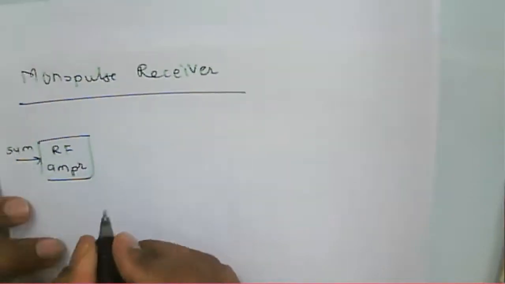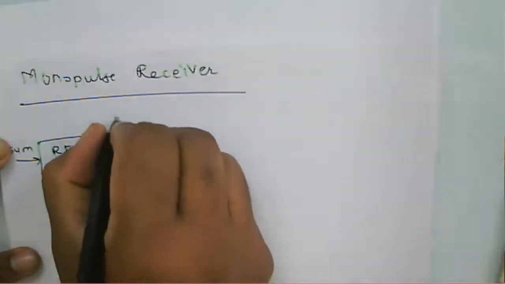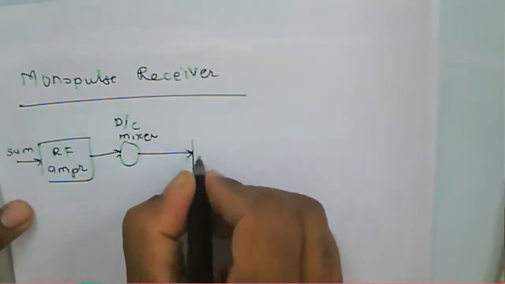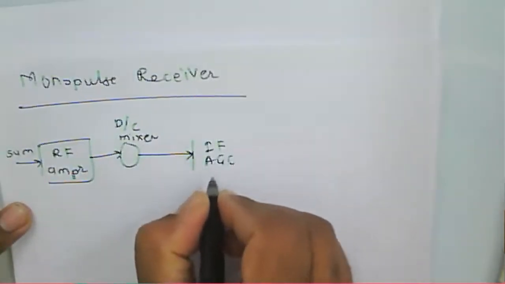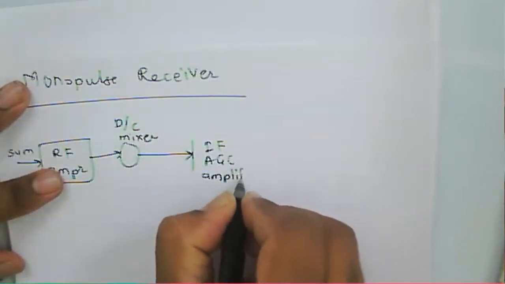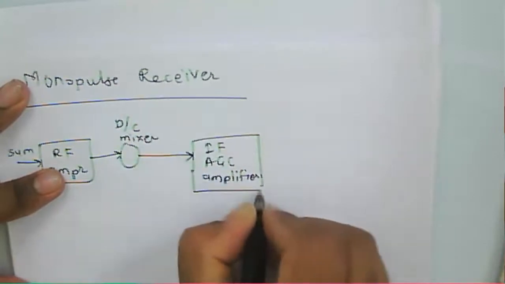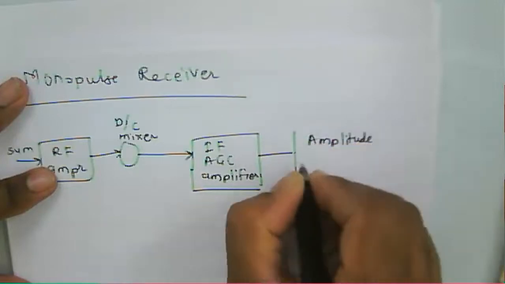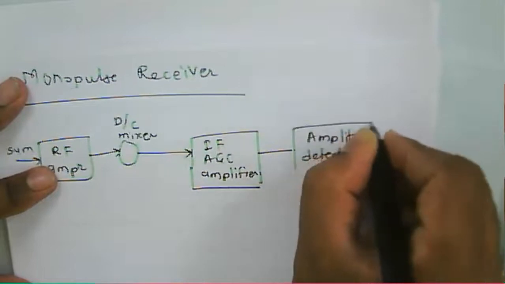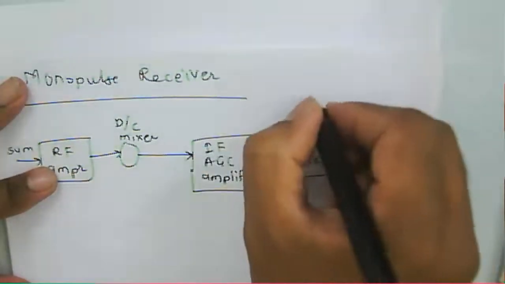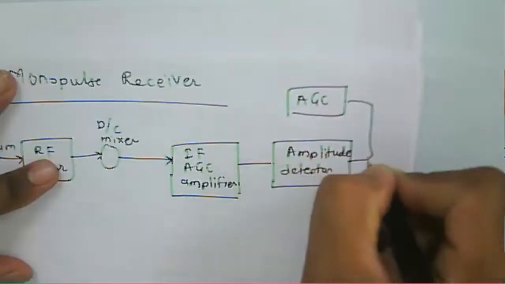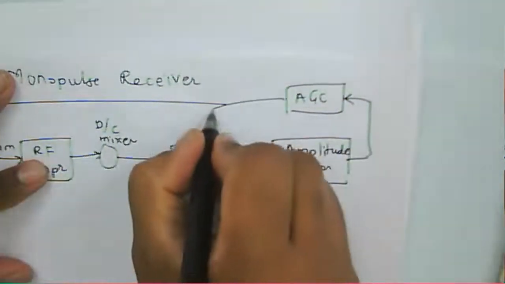You can say that RF amplifier, then it will be a down converter mixer, then we have the IF AGC amplifier, then we have the amplitude detector, we have an AGC here, input to this, then to the IF AGC here.